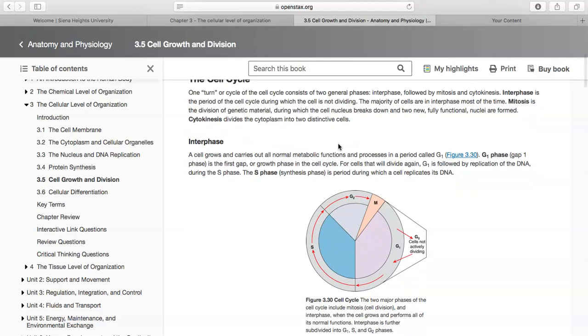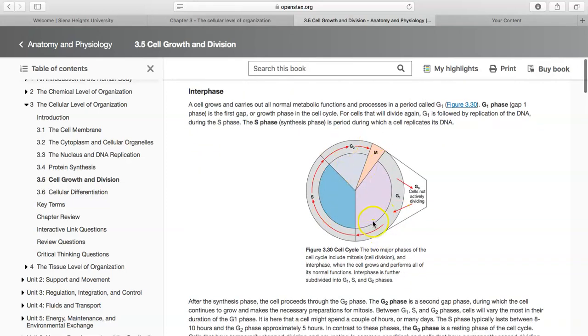But let's first talk about interphase. So during interphase, you can look at this life cycle right here. There are distinct phases, G1, S, G2, and M is mitosis, or the actual division part. Look how small of an amount of overall time of a cell's life cycle that the mitosis part actually is.